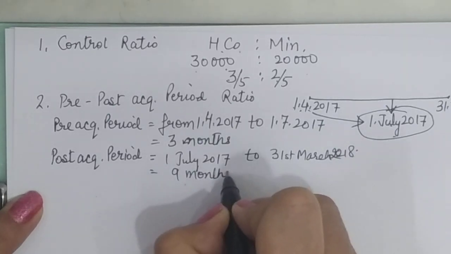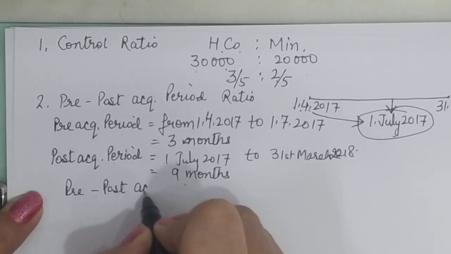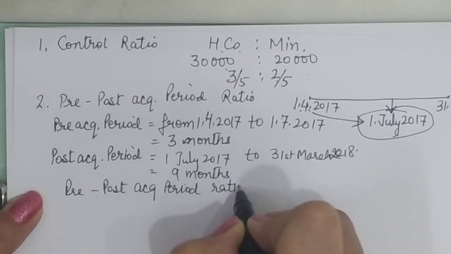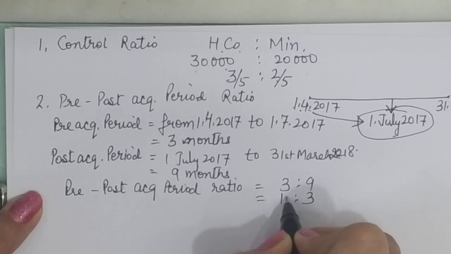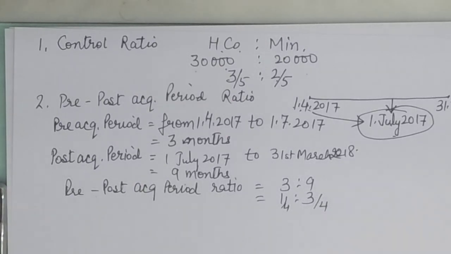So the pre and post acquisition ratio is 3:9, 1:3 or 1/4 and 3/4, which means that the first quarter of the year belongs to the pre-period and the last 3 quarters belong to the post-acquisition period.